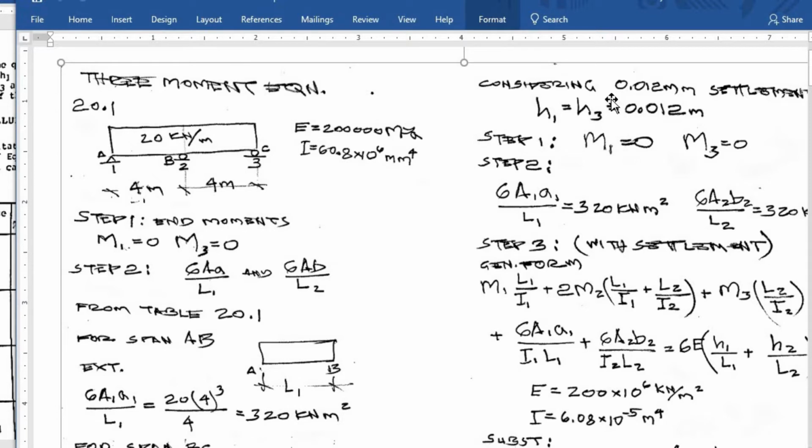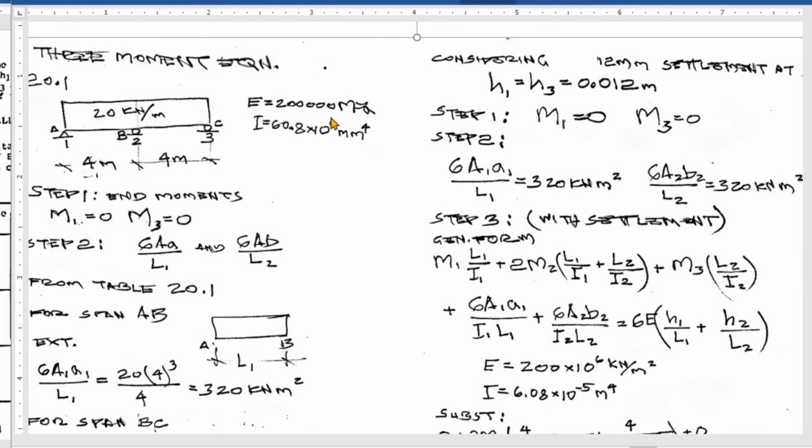So, 12 mm is equal to 0.012 meter. And then, dito sa right side, ito yung second approach. Yung meron kang displacement na 12 mm. And that is equal to 0.012 meter.